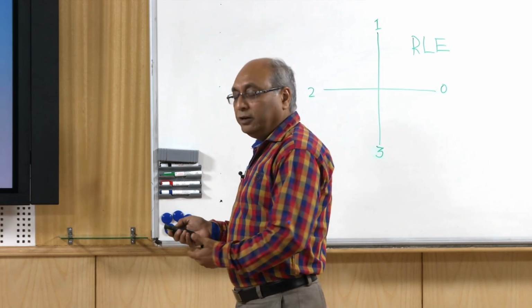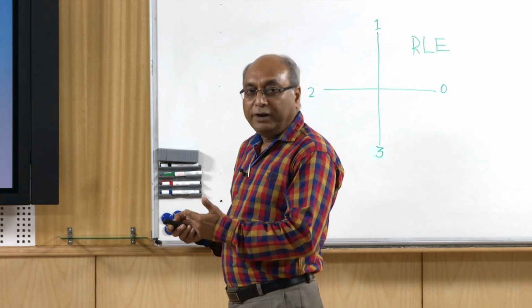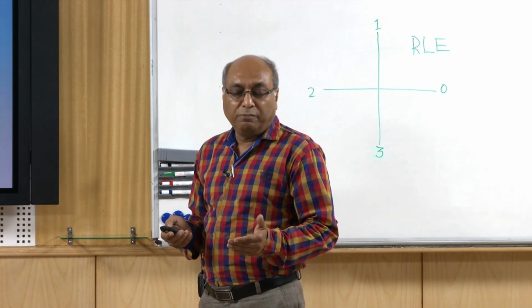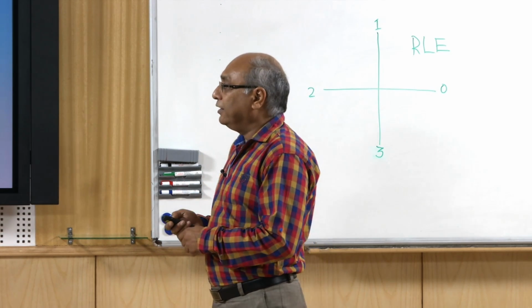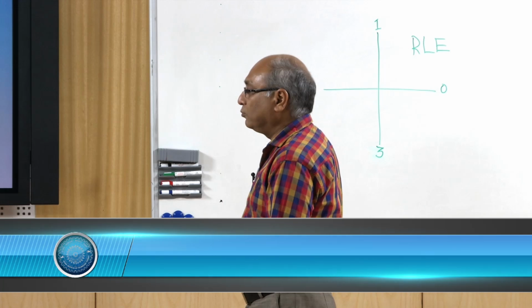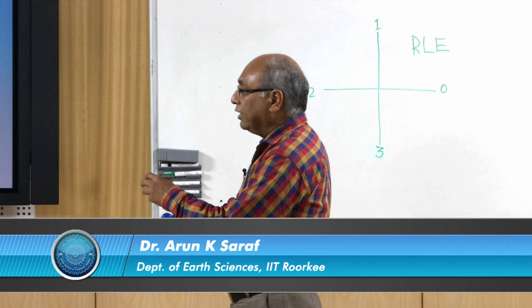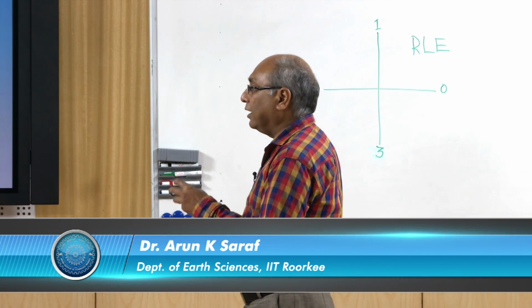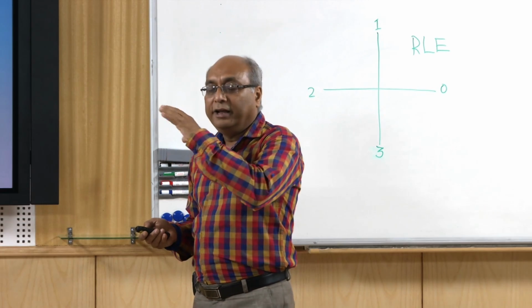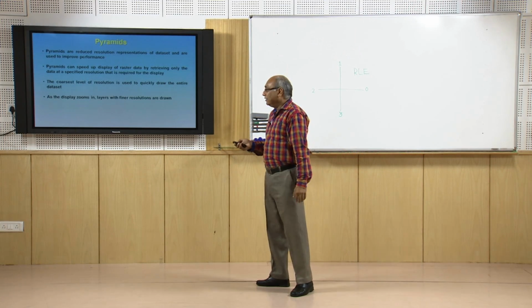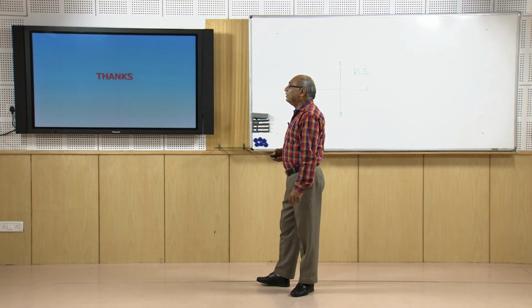Then you need not reconstruct the pyramid, and constructing a pyramid of a large image won't take much time. So it is a very efficient way of displaying your data on your screen, and as you keep zooming, you get fine resolution data. Otherwise, at the top of the pyramid, at the initial stage, you get very low resolution data from the same image. So that's the advantage.